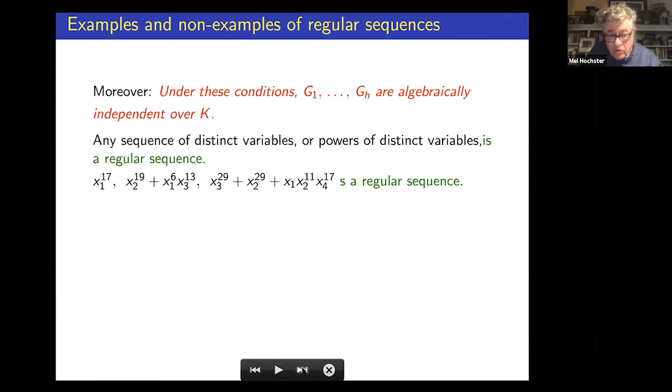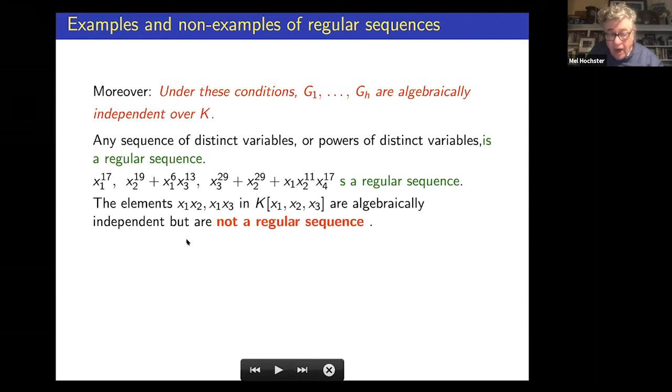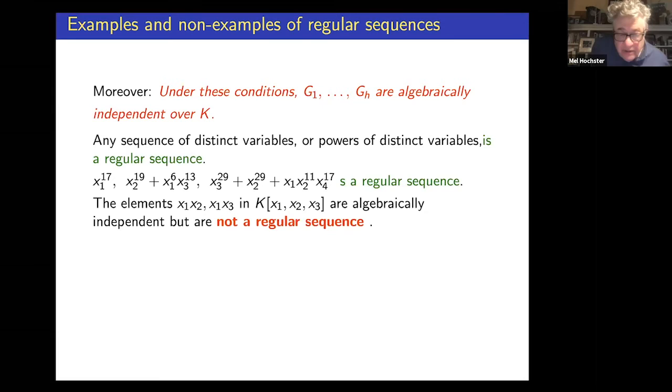Harder to see that it's true. But if you want something that's not a regular sequence, look at x1x2 and x1x3 in the polynomial ring in 3 variables. And you could do the same thing in capital N variables. They're algebraically independent because x2 and x3 are. So in that sense, they're usable as variables.